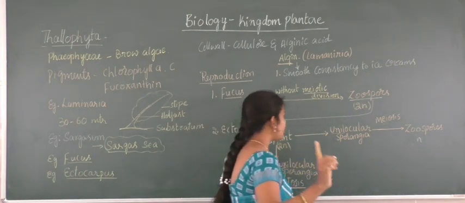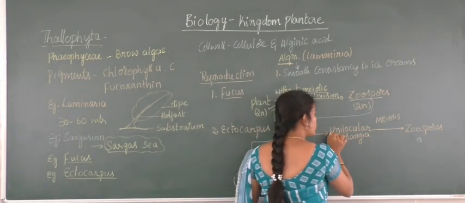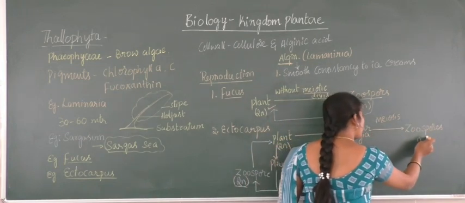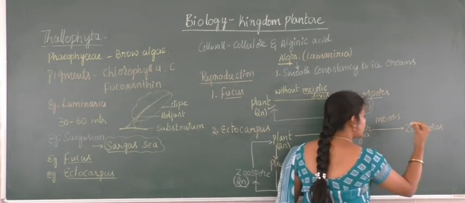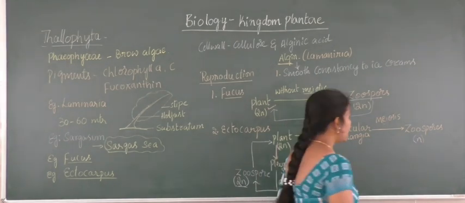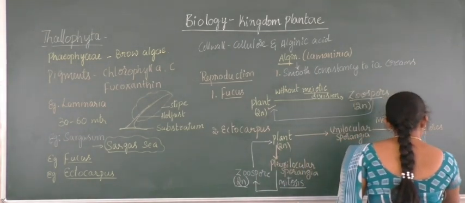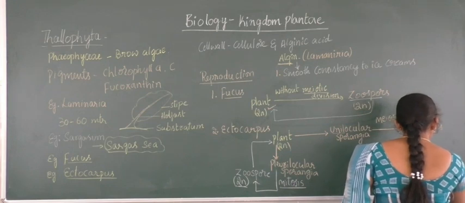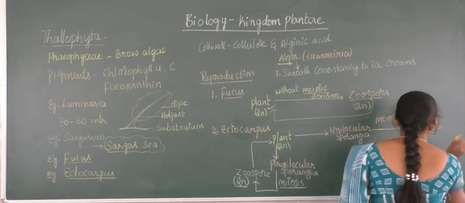But the slight difference: unilocular sporangia by meiotic division form spores that will be n in condition, and these zoospores will develop into a new plant body with the n condition.